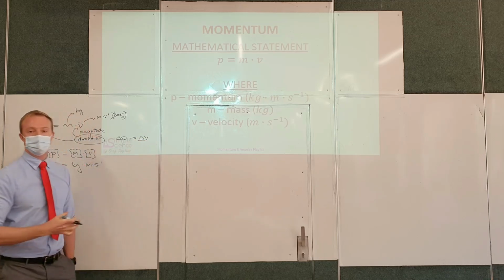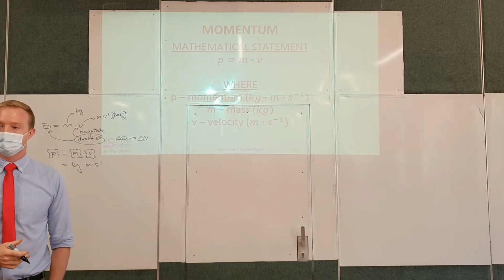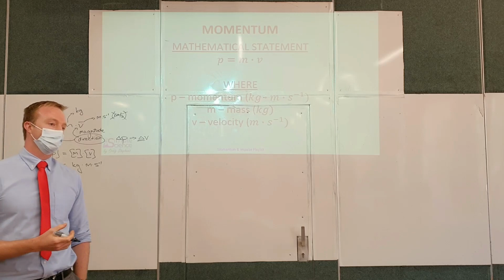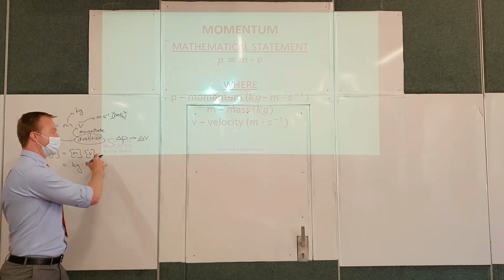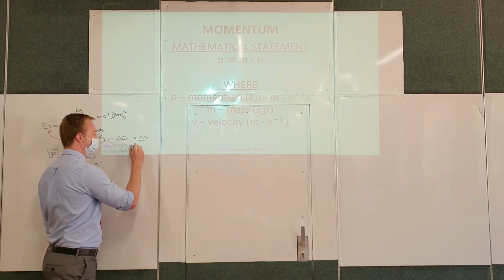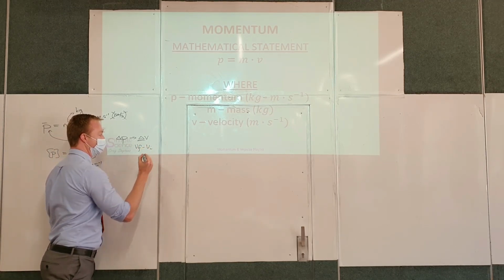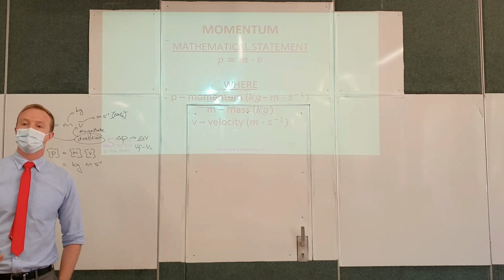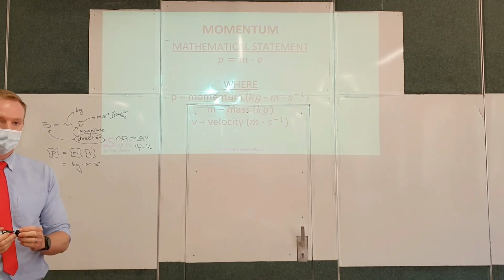Remember, the triangle is the Greek letter delta, it refers to the change. So when we're talking about change, there's some value at the start and some value at the end. So this delta would normally mean the final velocity minus the initial velocity, or final momentum minus the initial momentum.